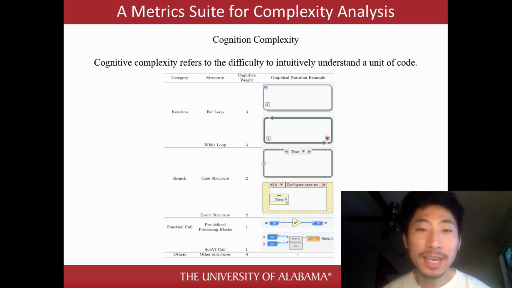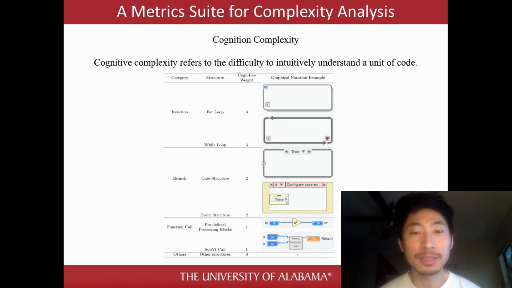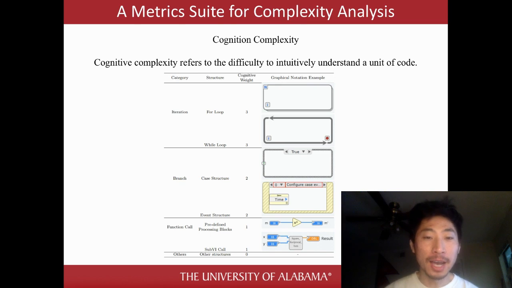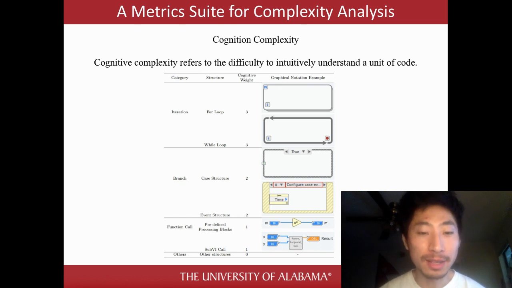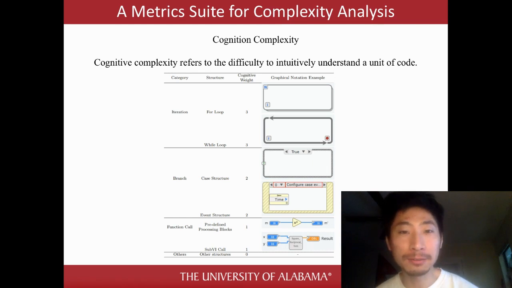The most complicated blocks are for loops and while loops, so they have a cognitive weight of 3, and the other two structures, case structure and event structure, have a cognitive weight of 2, and function calls have a cognitive weight of 1, and for all the other structures, we didn't assign any cognitive weight.